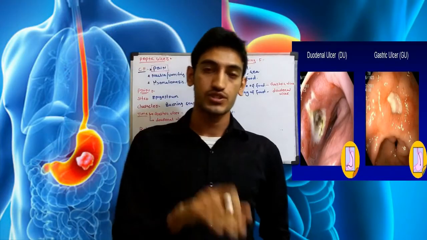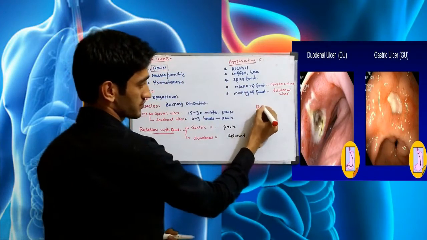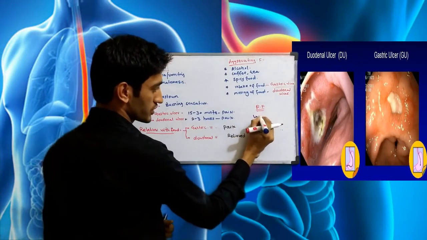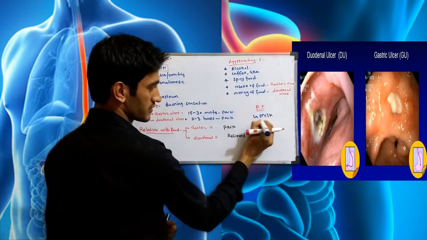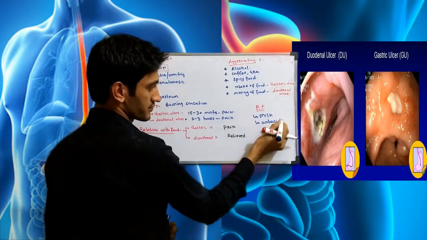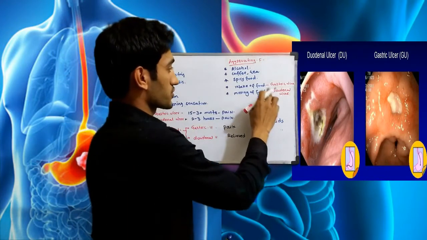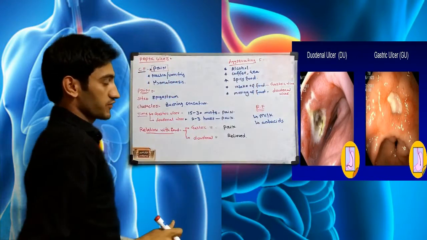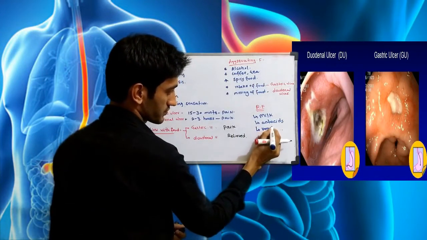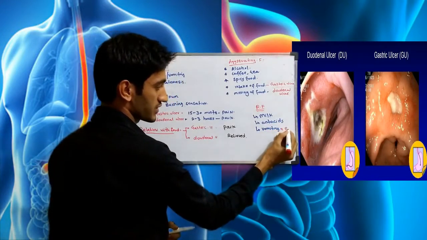Now, what are the factors which decrease the pain? Relieving factors. They include milk, antacids, and, opposite to what we discussed in the aggravating factors, vomiting will relieve the pain in case of gastric ulcer.